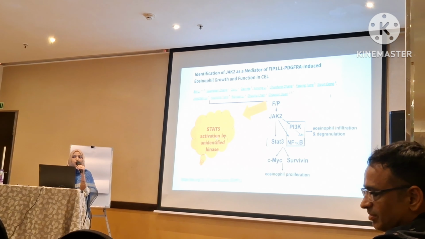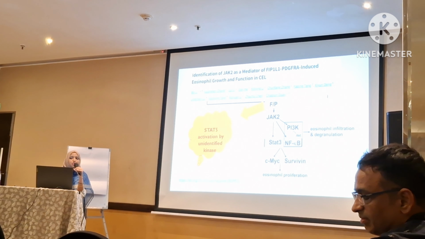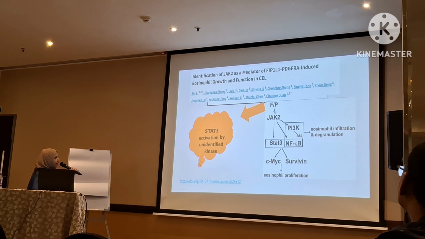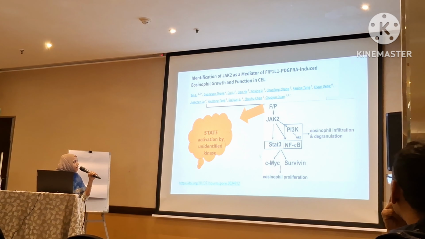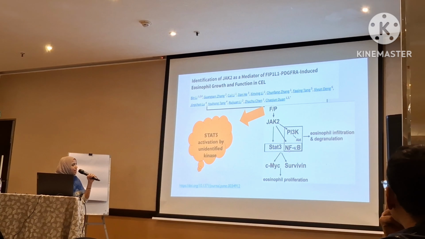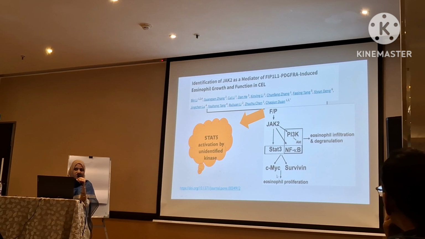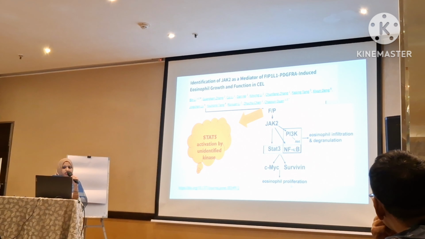The kinase is not known. Only the STAT3 and NF-kappa B activation happens through a JAK2 dependent pathway. JAK2 activates the PI3K signaling cascade also, and via the STAT3 and NF-kappa B pathway it expresses c-MYC and survivin genes.